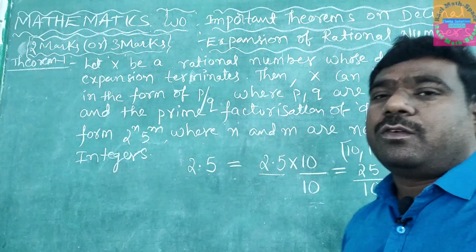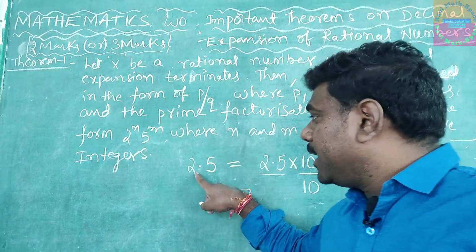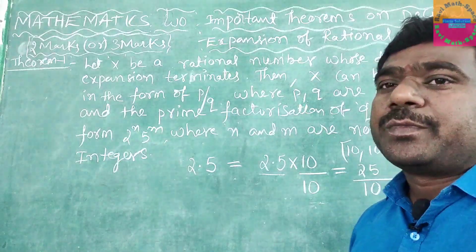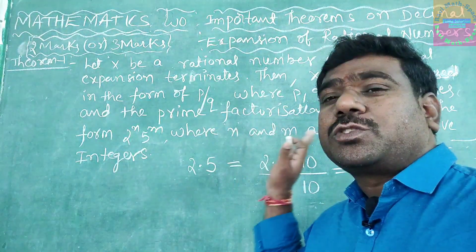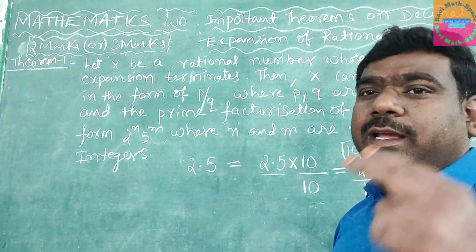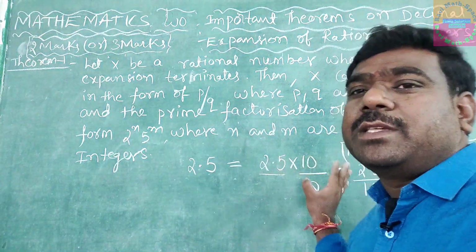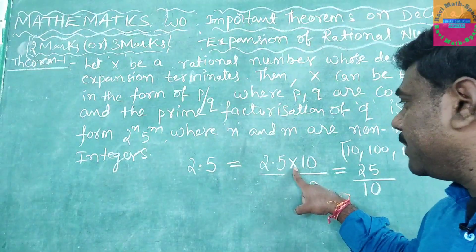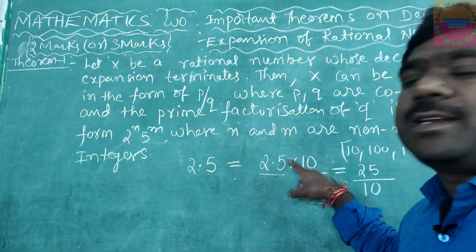Actually, we have one special case. When we multiply decimal numbers with special numbers, the decimal point jumps towards which side? Right side. However many times you multiply, that many places it will jump. Here we are multiplying by only 10, so the decimal point jumps one place towards the right side.